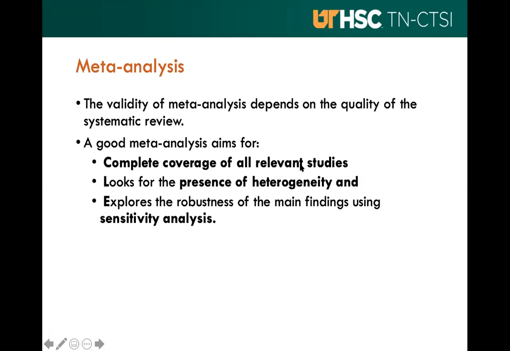So a good meta-analysis aims for examination for the presence of heterogeneity and tries to explain what might account for the heterogeneity, and explores the robustness of the main findings using sensitivity analysis. In meta-analysis, what we mean by sensitivity analysis is we exclude studies that might influence the whole meta-analysis.